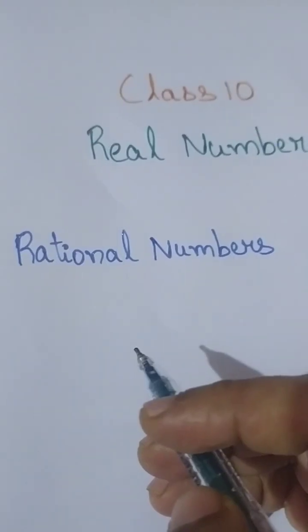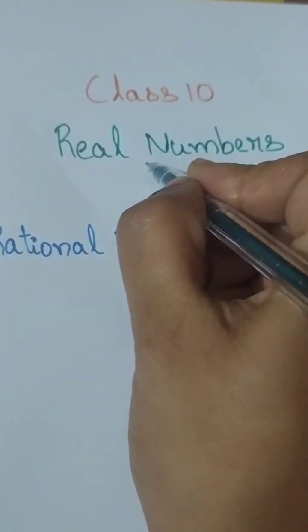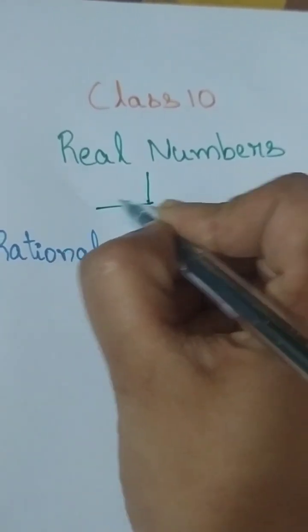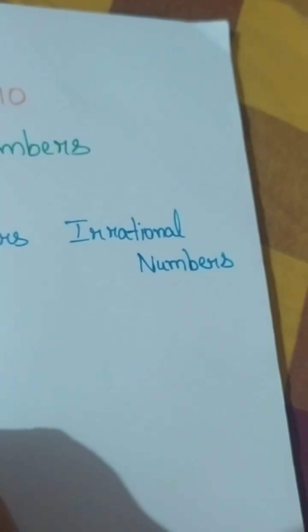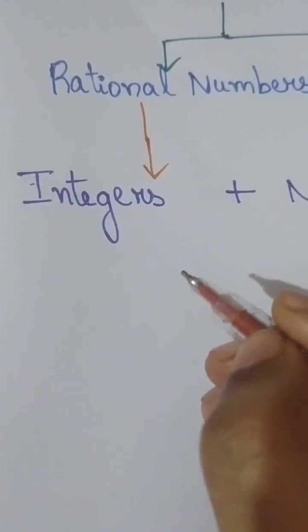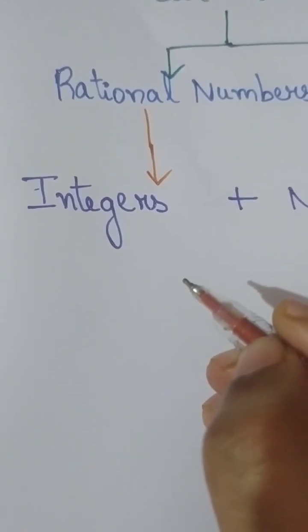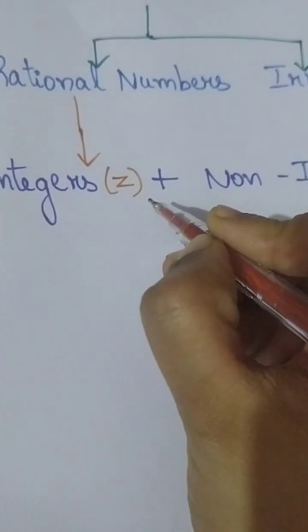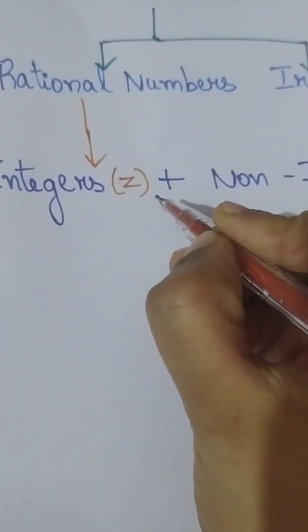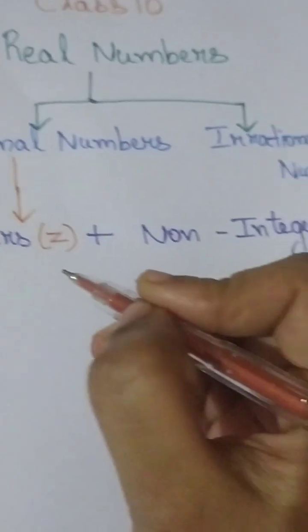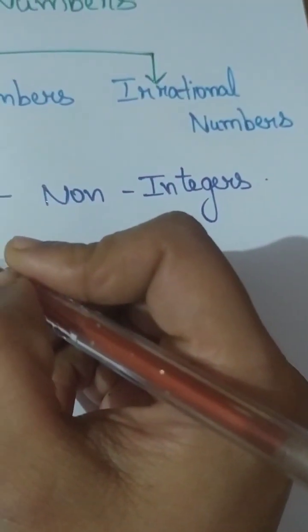Class 10 real numbers. Real numbers are divided into rational numbers and irrational numbers. Rational numbers are again divided into integers plus non-integers.